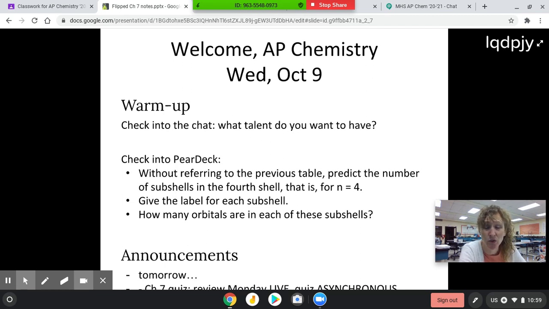Basically, all we have to really accomplish before the end of chapter 7 is electron configurations and photoelectron spectroscopy. So those are our two big things.